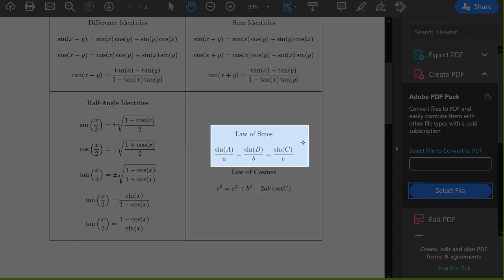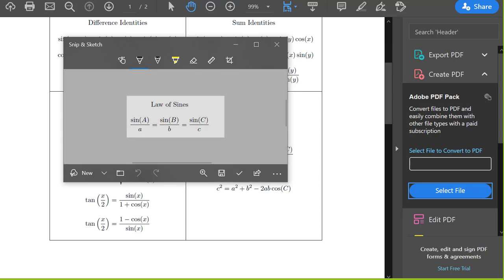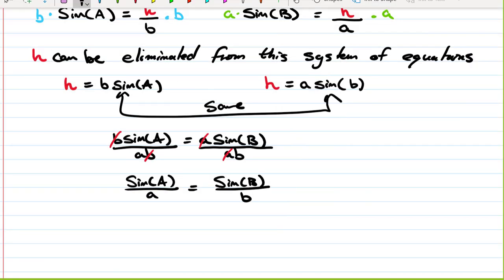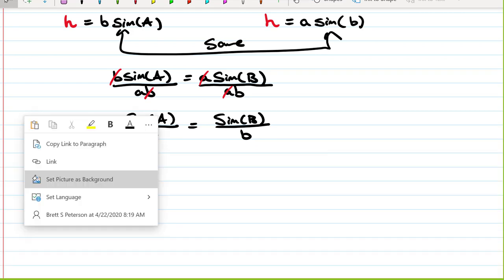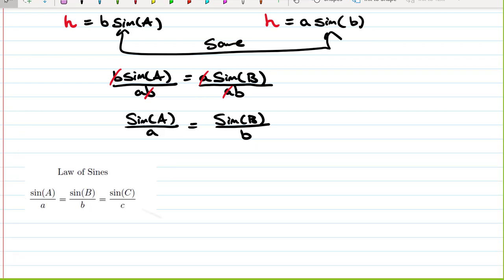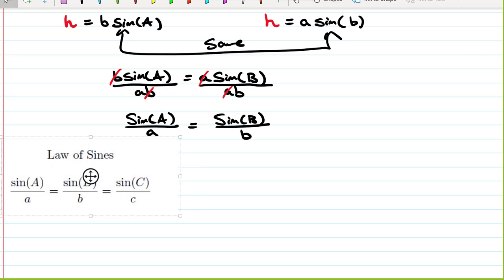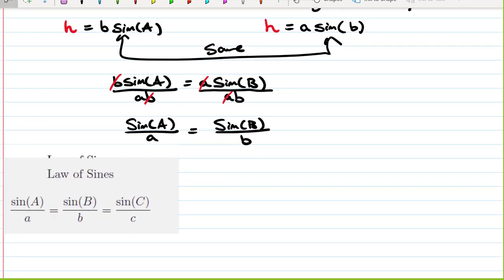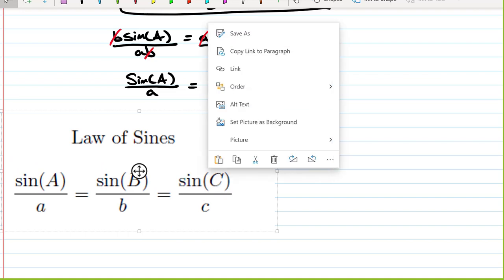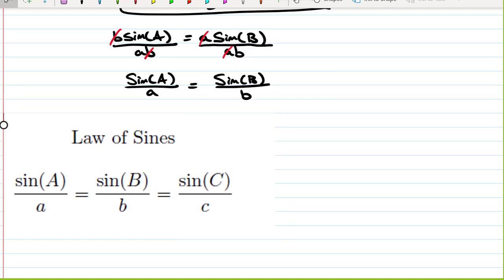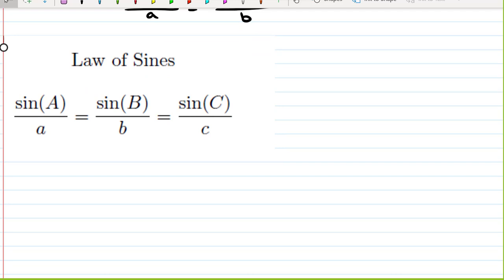The law of sines, as we saw, works regardless of whether or not we have a right triangle, and it gives us a relationship between sides and angles of any triangle.